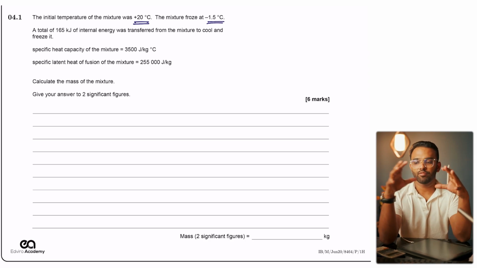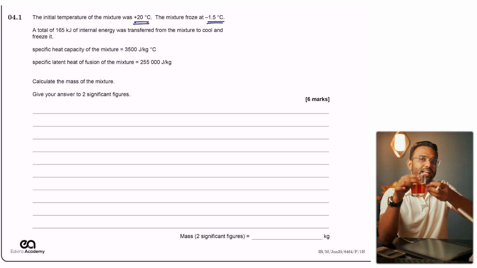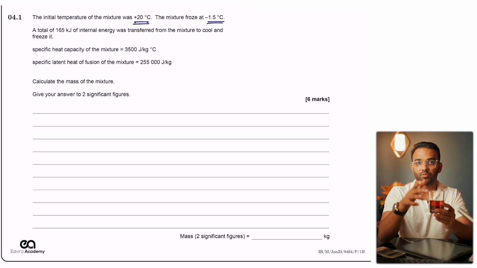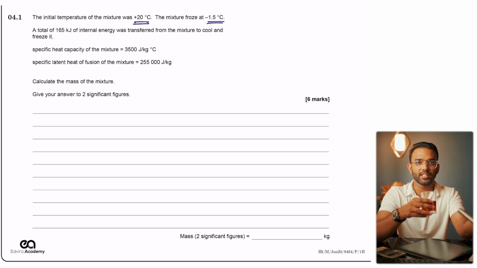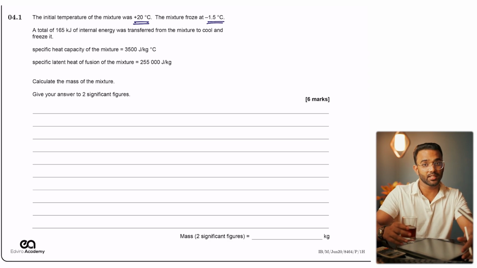So if you want to freeze something, let's say I want to freeze this, I have to take energy out of it, right? If you want to freeze, let's say, a bottle of water, you put it in the freezer. What does the freezer do? It cools it down by taking energy out of that system, correct?